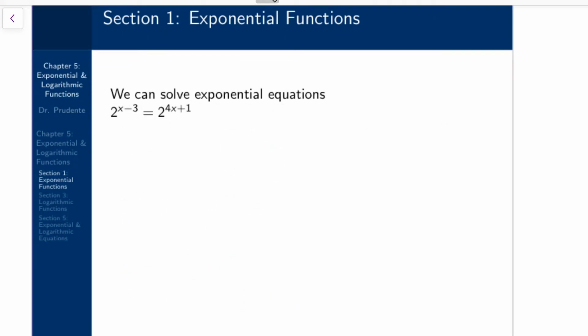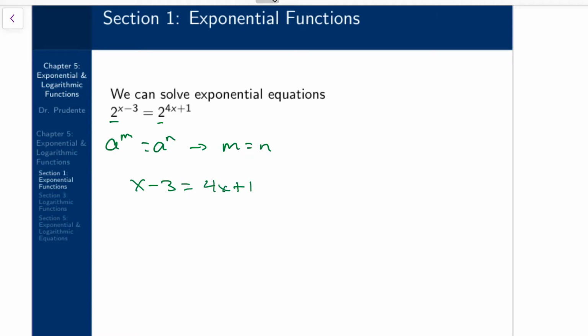Okay, here we want to solve an exponential equation. 2 to the x minus 3 is equal to 2 to the 4x plus 1. And we had a property that said if a to the m is equal to a to the n, where our bases are the same, then those exponents had to be equal. So that's exactly what we're going to do. We have equal bases, so we can say automatically those exponents must be equal.